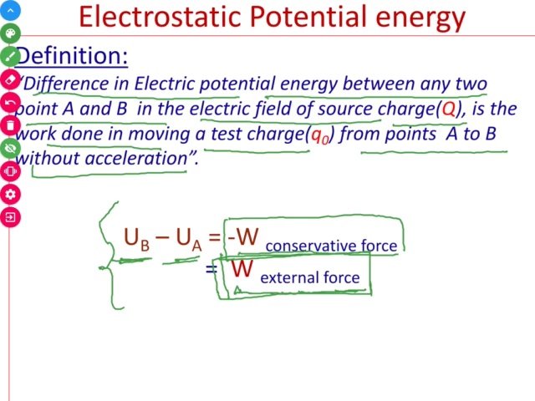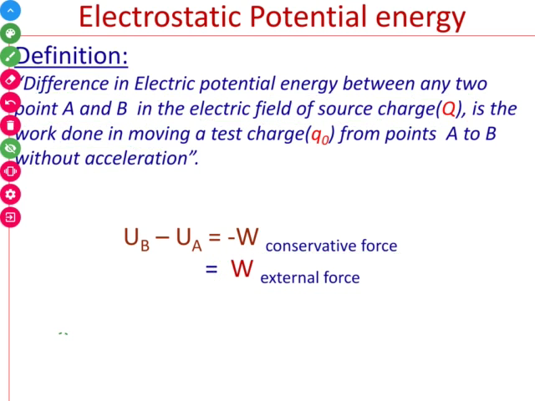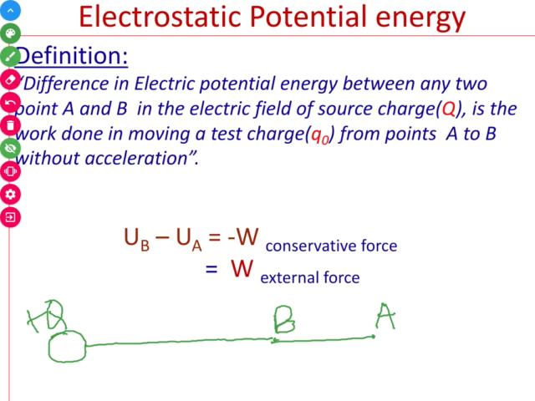The difference in electrostatic potential energy between any two points A and B in the electric field of source charge Q. Say for example this is charge Q, and suppose there are 2 points, this is point A and this is point B. Suppose here I have placed plus Q charge, and there is a point B, and here is the point A. So the electrostatic potential energy at B is UB, and the electrostatic potential energy at A is UA.